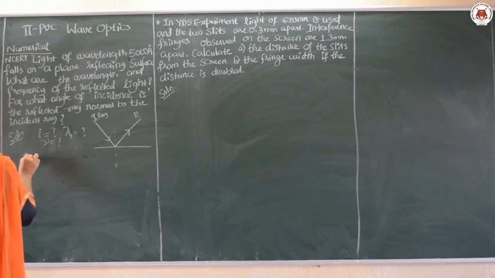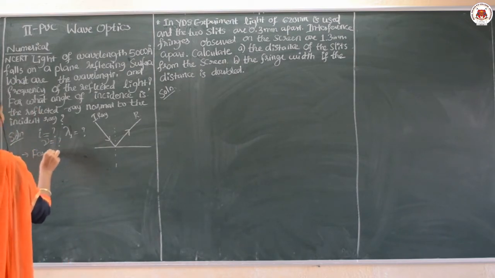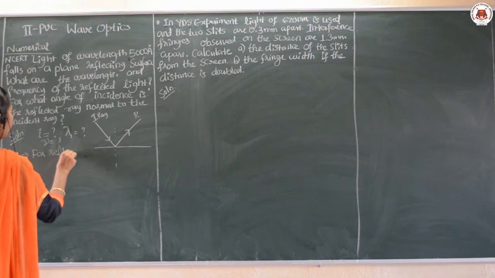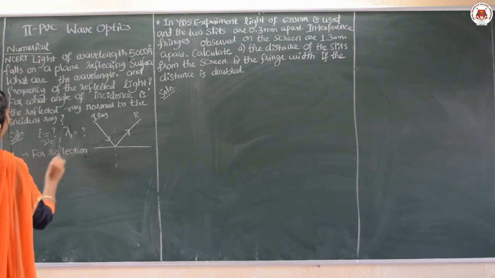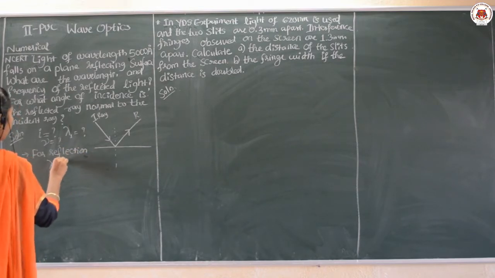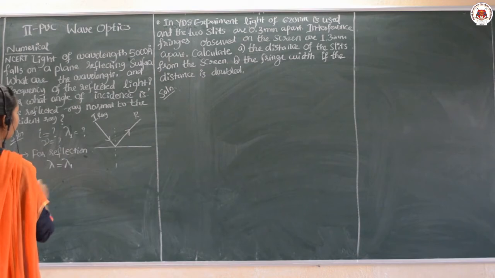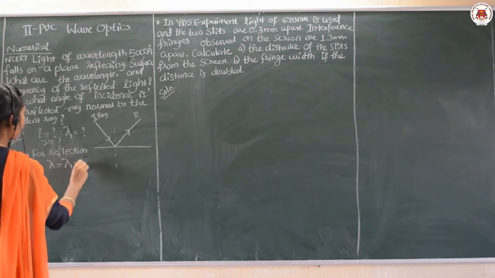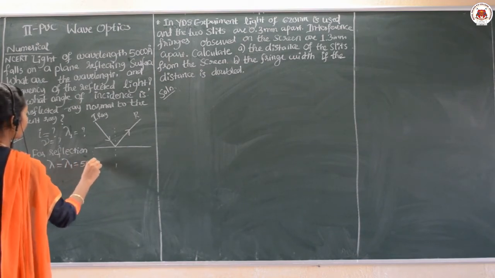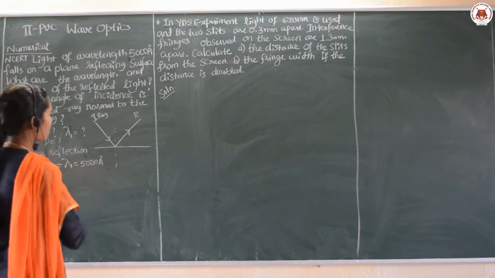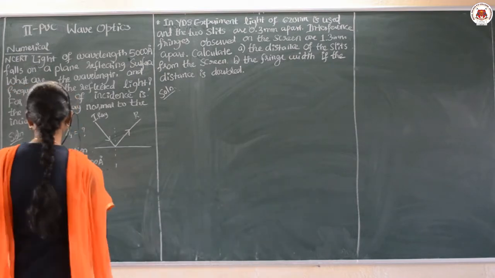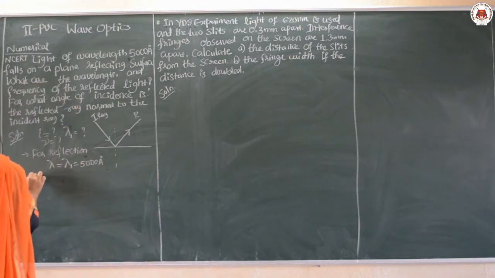First, we know that for a reflection the incident wavelength and the wavelength of reflected light both are the same, therefore that is also 5000 angstrom. Then next comes the frequency.